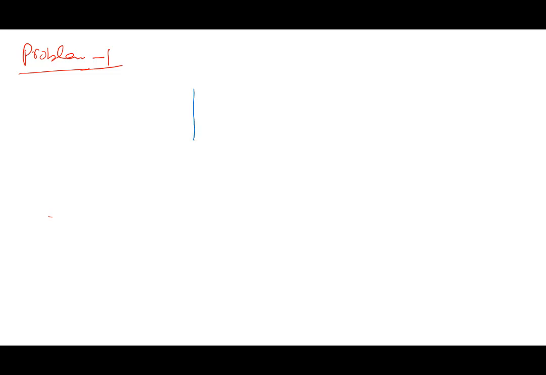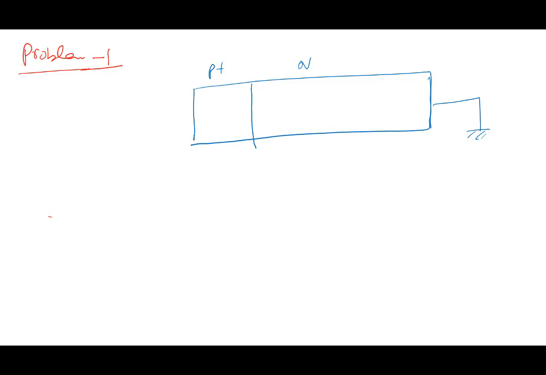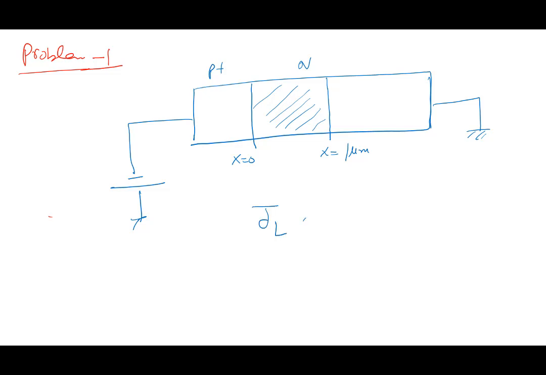So our calculation is as follows. There is a P plus N junction. I have reverse biased it so that the depletion region width is 1 micron. I want you to estimate the reverse leakage current density, J. How much reverse current density will flow?